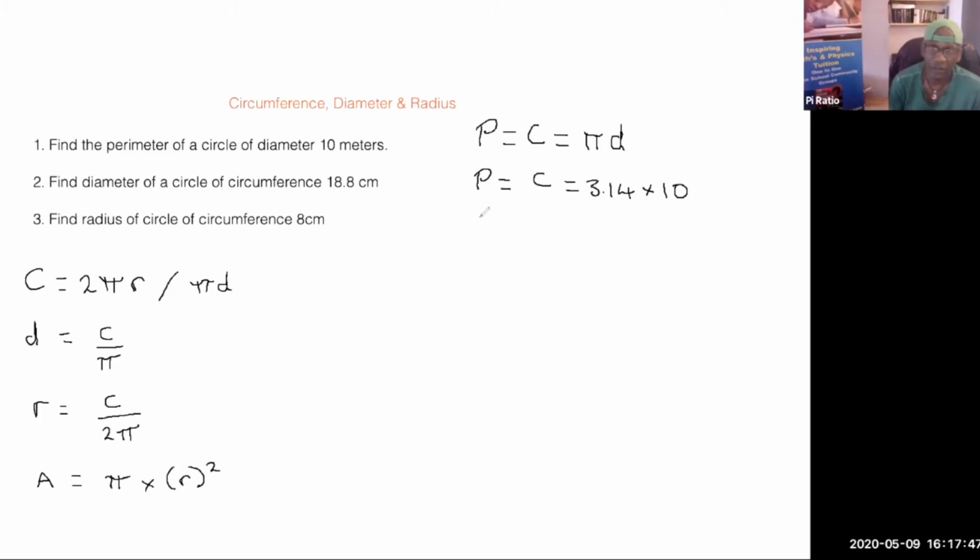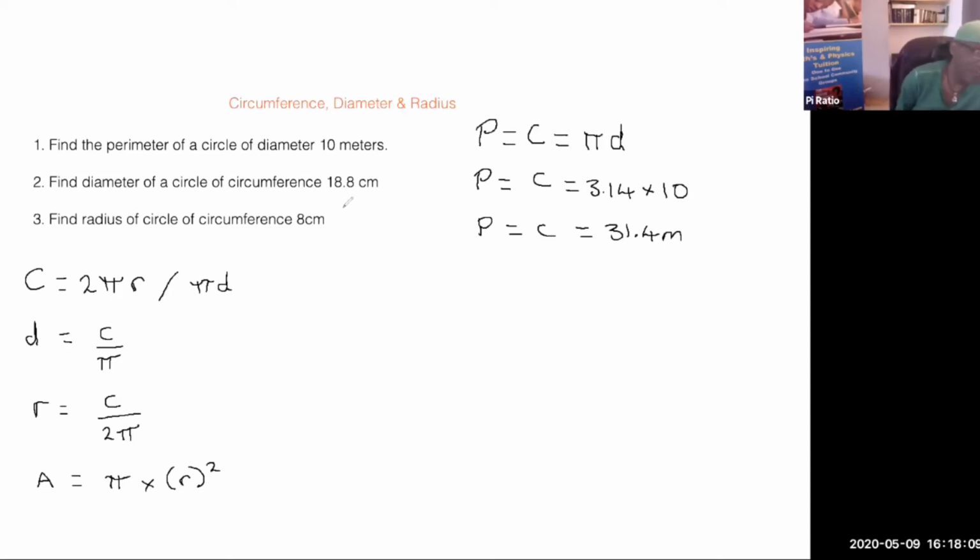So P, which is equal to C, which is the circumference, is equal to 31.4 meters. Okay, so you can see how that was done.